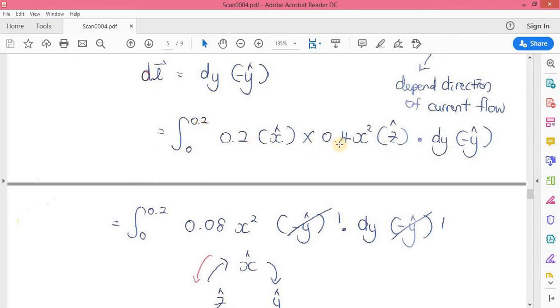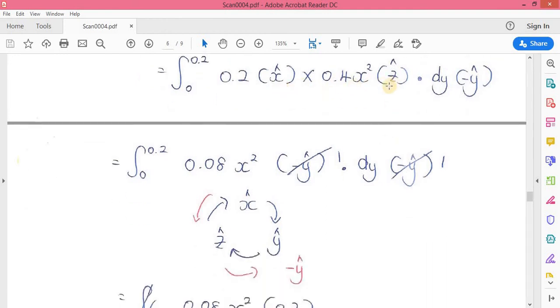For this one, you need to perform the cross product. For the magnitude, you just multiply like usual. For the cross product between x and z, you have to use this method. So x, y, z is here. If x cross product with z, we are in the reverse direction, so the resultant direction will be negative y.